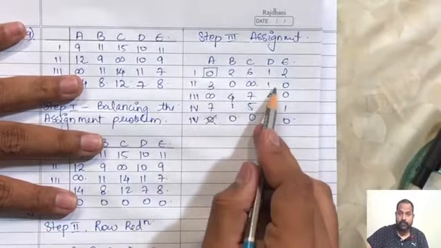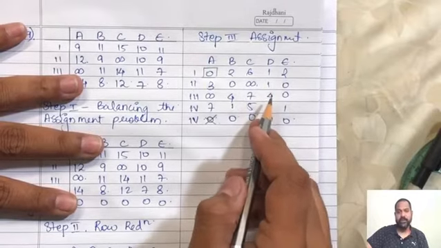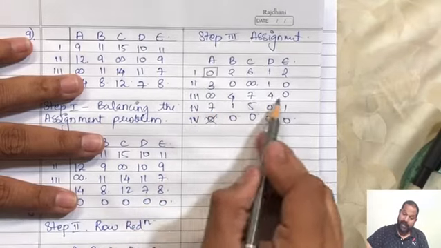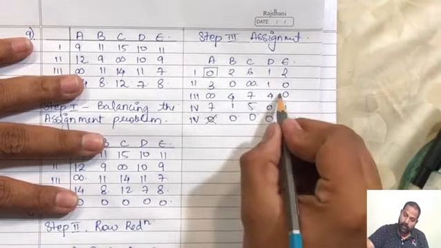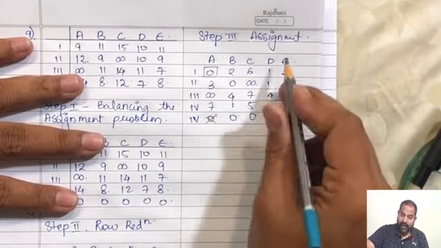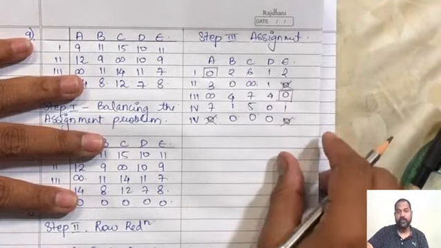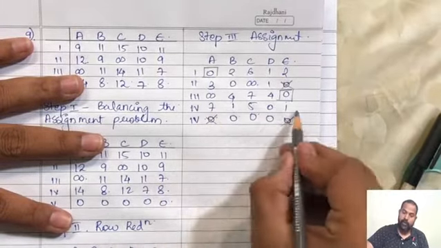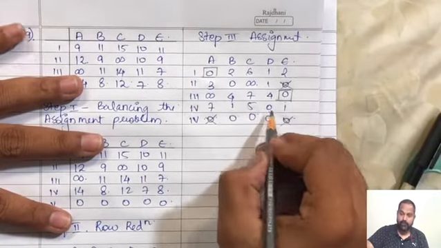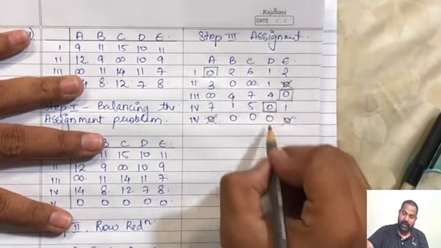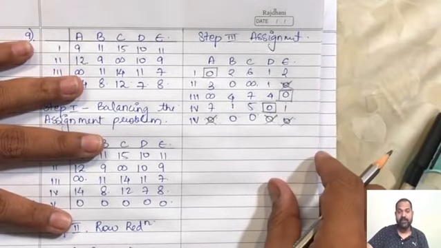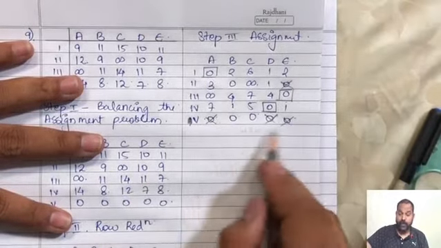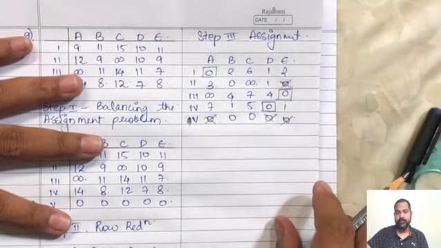In this row, 2 zeros, don't do anything. In this row, exactly 1 zero, mark it as an assignment, and cancel out everything else in that column. In row number 4, there is exactly 1 zero, mark it as an assignment and cancel everything else in that column. In row number 5, there are 2 zeros. I can't really do anything.